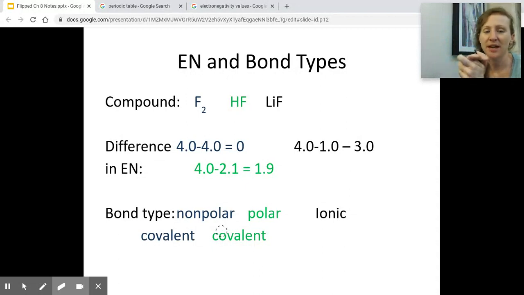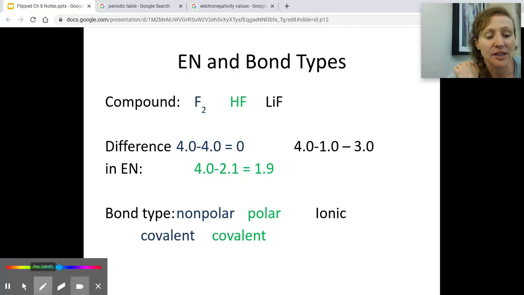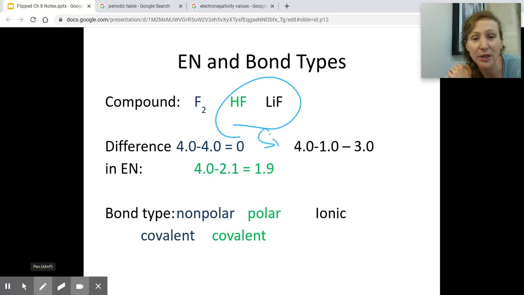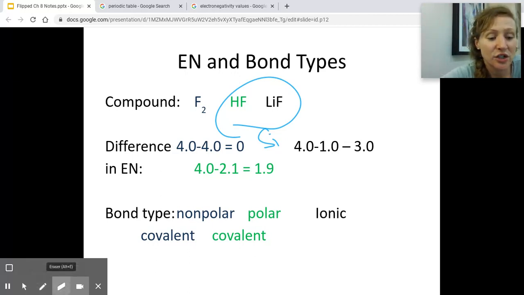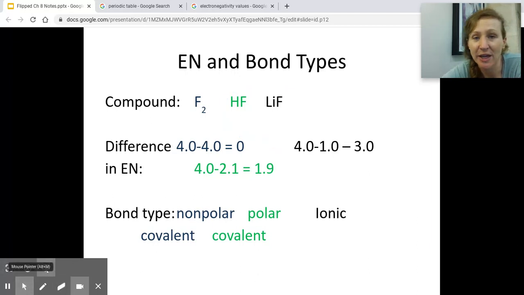Sometimes polar covalent and ionic bonds will overlap, and they'll get named as an ionic compound, and sometimes they'll get named as a covalent compound. Compounds of silicon commonly fall in the middle. Silicon's a metalloid, so it's not clearly a metal, and it's also not clearly a nonmetal. So it depends on the industry. Certain industries will classify and name it different ways, depending on what's convenient for them.